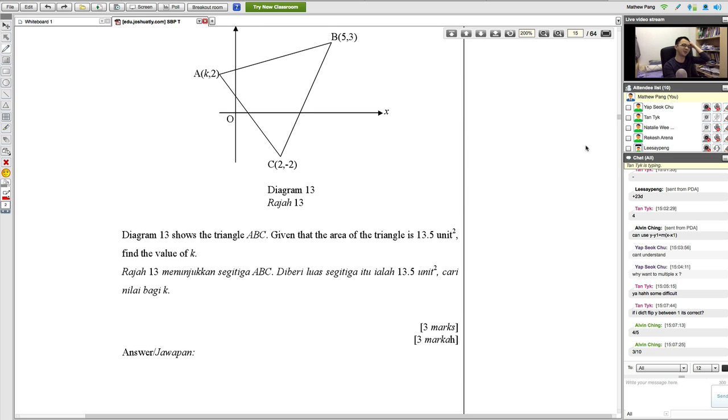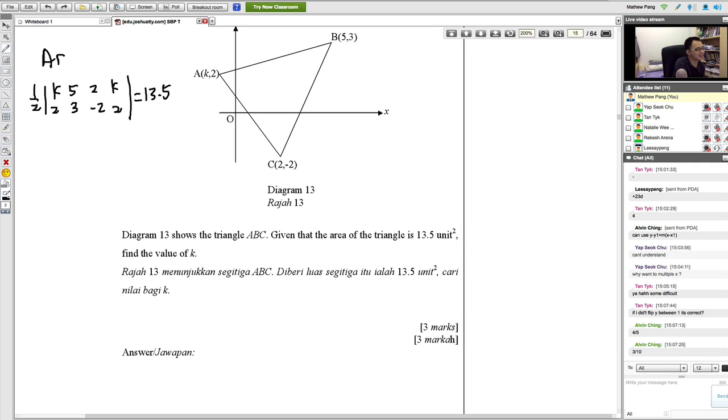Alright, this one is a bit different from what you learn if you are an SPM student, but anyway, I will still explain this one. So this is area. Of course, you will need to understand the area formula. So it's 1/2, and then I call the points A, B, C, and repeat A, and the area equals 13.5.